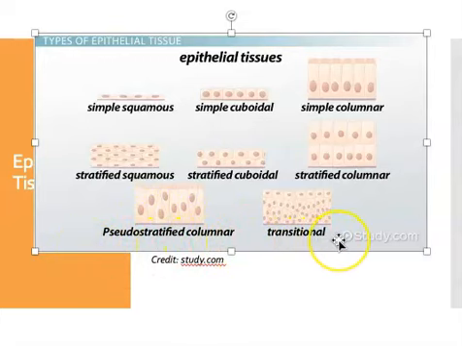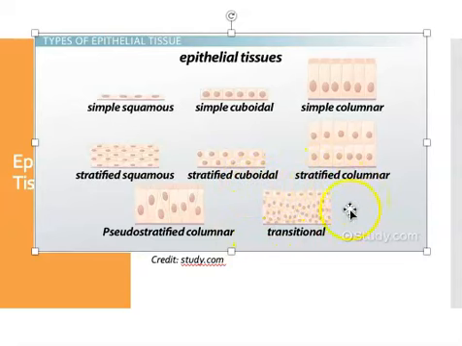Finally, we have transitional epithelium. Remember, this is a multi-layered or stratified type. This drawing doesn't really do it justice, but the artist is trying to show us that there are multiple layers of cells, including a layer across the top that looks pretty ordered with the nuclei all in a line.